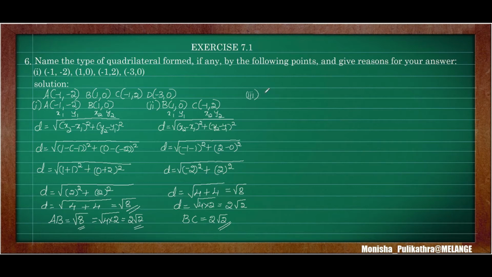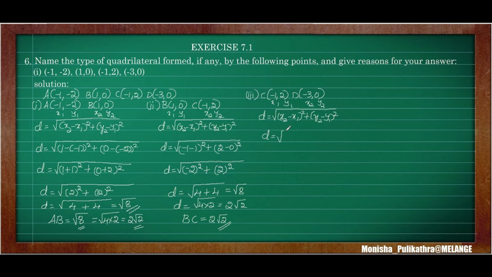So the third one is CD, C is minus 1 comma 2 and D is minus 3 comma 0. So x1, y1 and x2, y2. Apply the distance formula. D is equal to square root of x2 minus x1 whole square plus y2 minus y1 whole square.